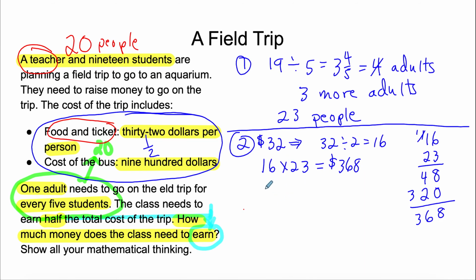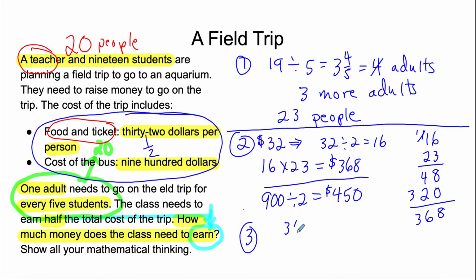The other part that I need to factor in is the bus. Well, the bus is $900. Well, if I divide that in half, that is $450. And I know that because half of 90 is 45. Now, my last thing that I would need to do is I need to find out the total.